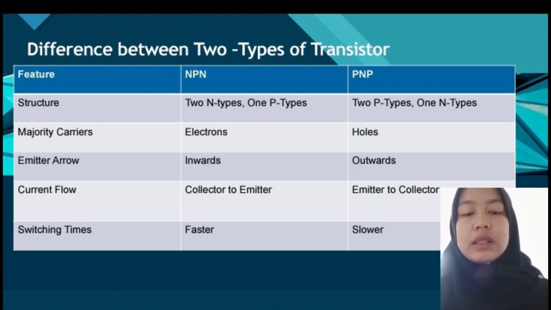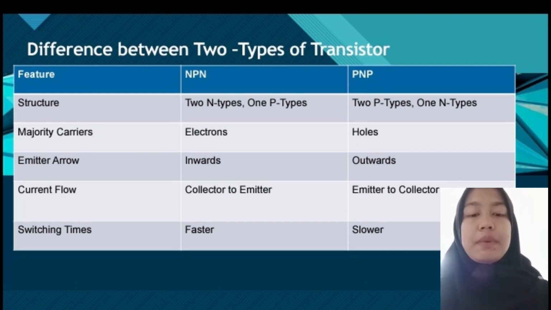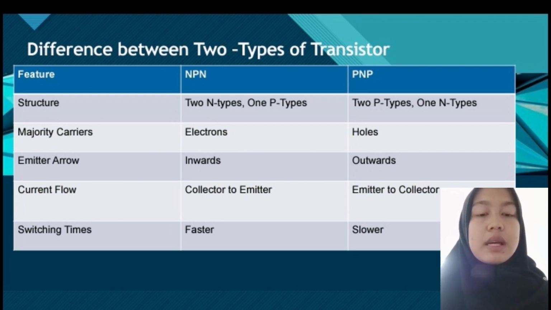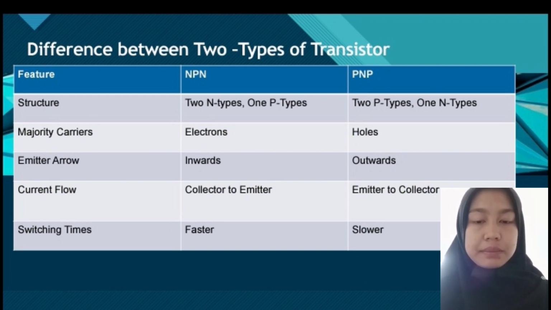The structure of PNP is it has two P types and one N type. Also for the NPN, it has two N types and one P type. The majority carrier for NPN is electron and for PNP is holes.